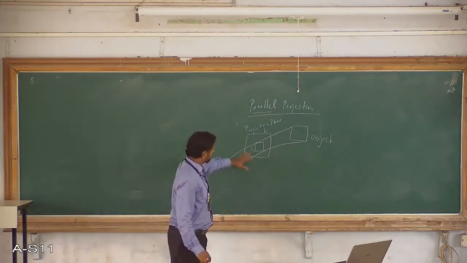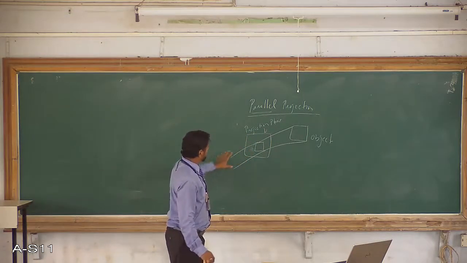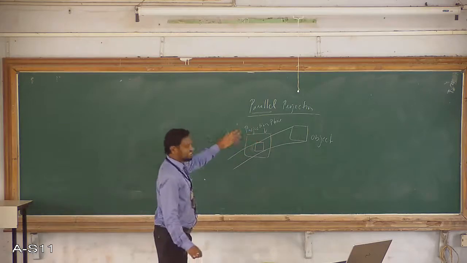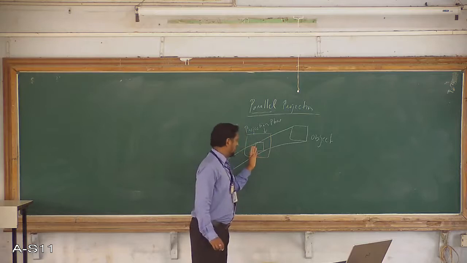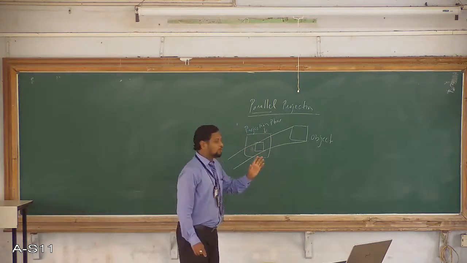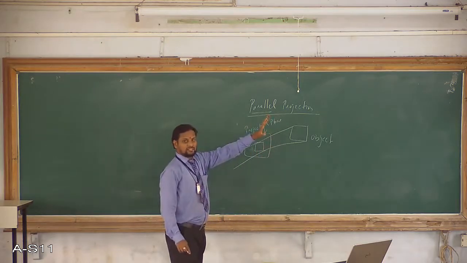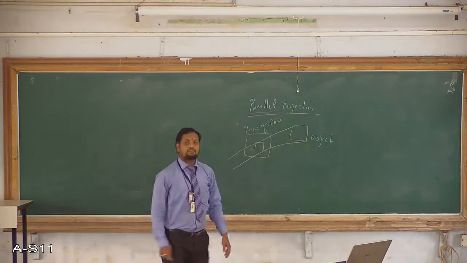As both these lines will be maintained parallel with each other, the size of the object will remain the same throughout any distance. This is the advantage of parallel projection.